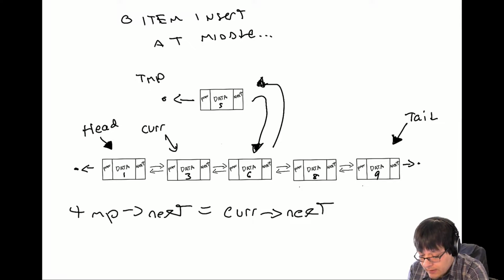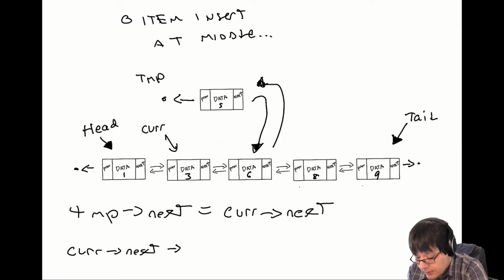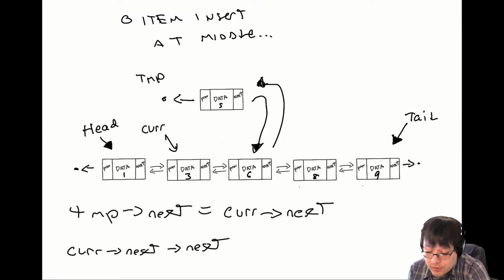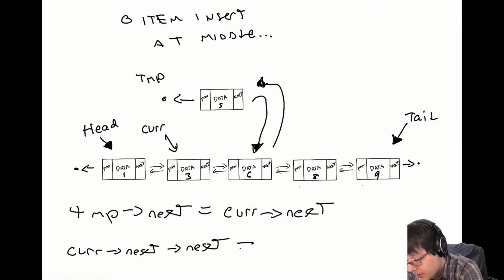To achieve that, we can access that pointer by saying cur next, which is going to take us to the next, because remember cur is 3, so cur next would be this one here, and then cur next would be this next over here, which is exactly what we want. And so that is what we need to modify.